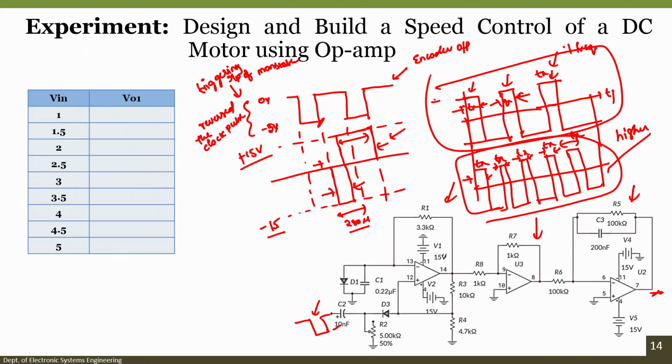Since in our case plus VCC is plus 15 and minus VCC is minus 15, initially it may be at one particular value, and it will keep decreasing, because the magnitude of minus 15 is higher compared to the magnitude of plus 15. So, when the RPM is higher, the magnitude of plus 15 is also increasing compared to minus 15. So, we may experience a negative slope curve, right. We will see how exactly it is going to come.